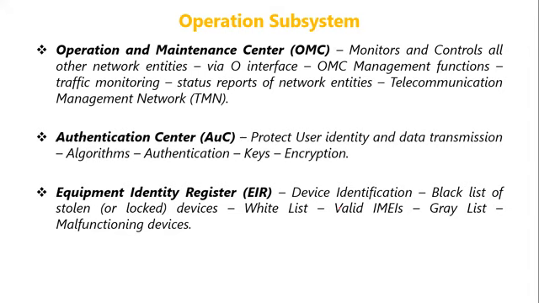The Equipment Identity Register will have a list of blacklisted or stolen devices, otherwise also called locked devices. In theory, if a mobile user reports that the device has been stolen, the mobile station will become useless, that is, nobody can use that device.